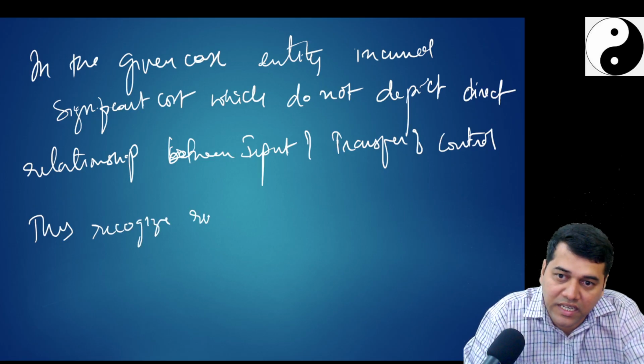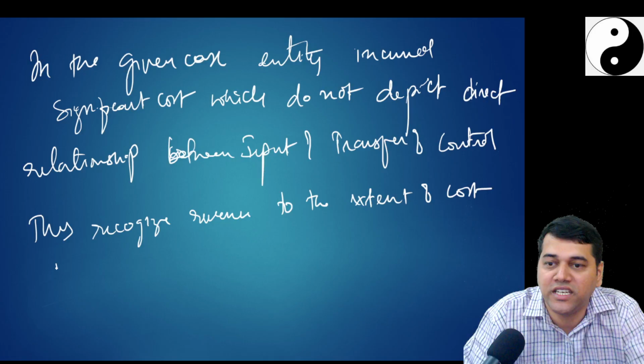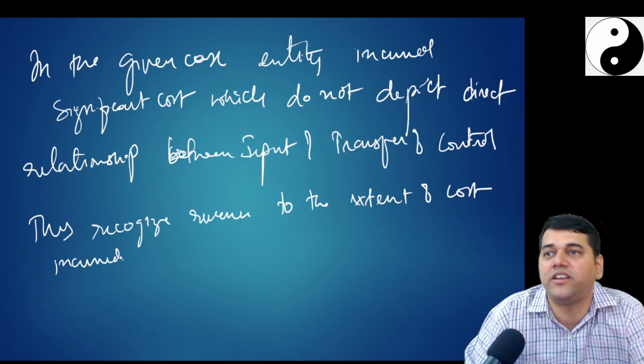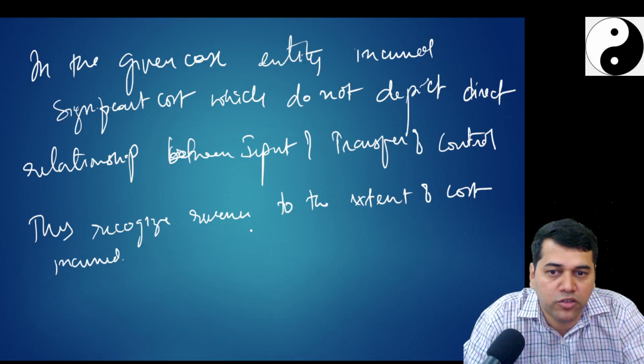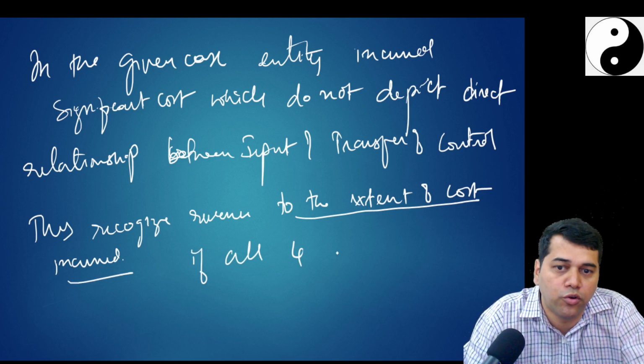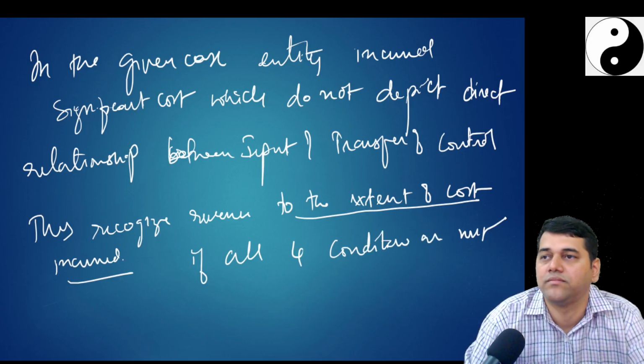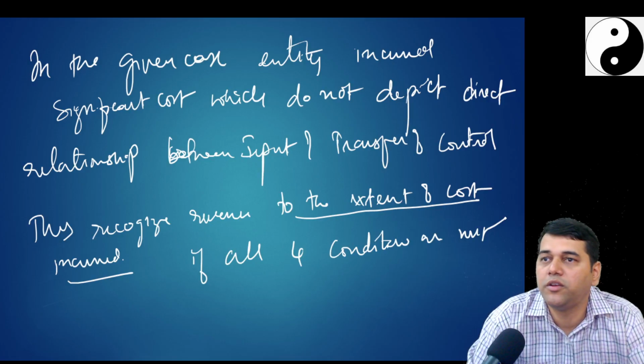Thus, recognize revenue, how much? To the extent of cost incurred. Means don't apply the percentage of completion method, recognize only to the extent of cost incurred if all 4 conditions are met. All the below 4 conditions are met.